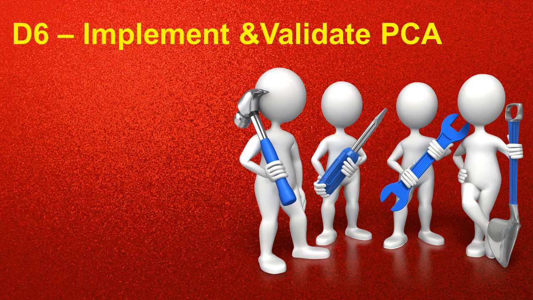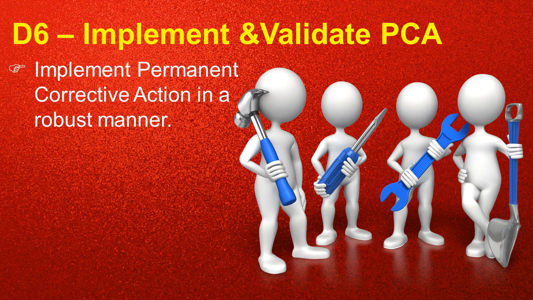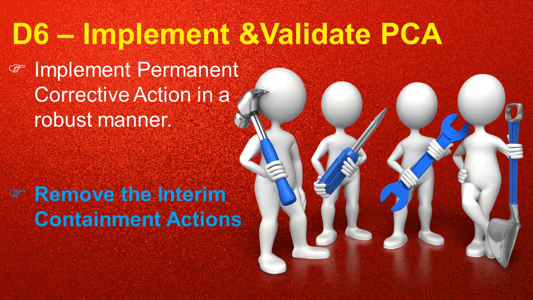The sixth step in the 8D problem solving is D6, and it is related to implementing and validating the permanent corrective action. It is the main planning stage to ensure that all hard work put in by the team results in a robust fix. In this, you implement the permanent corrective action in a robust manner.